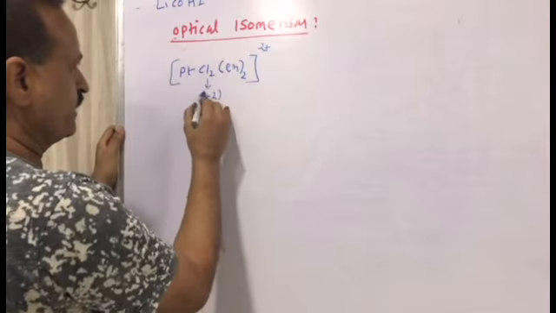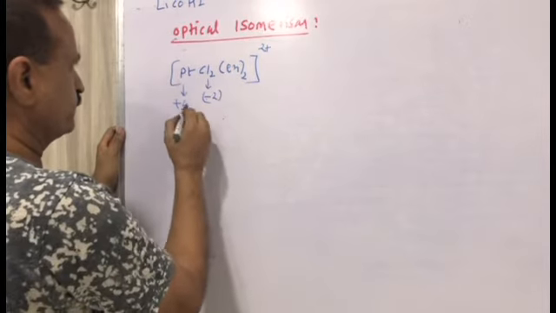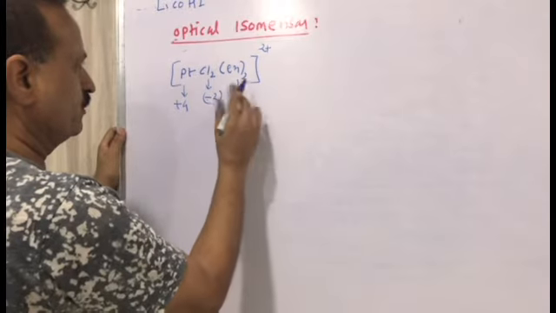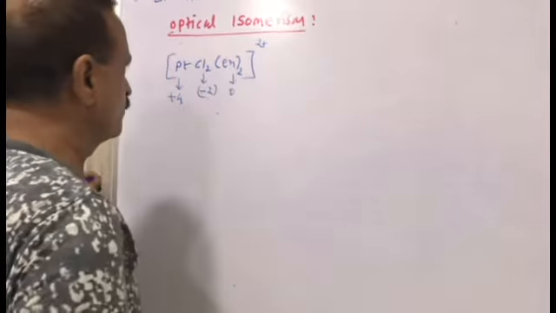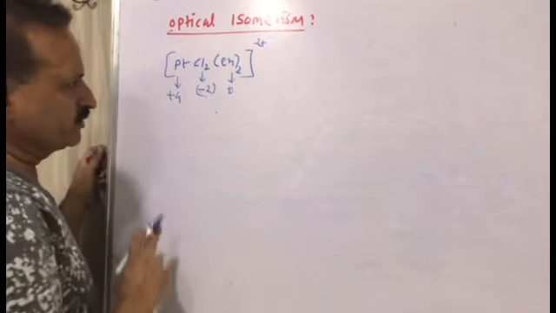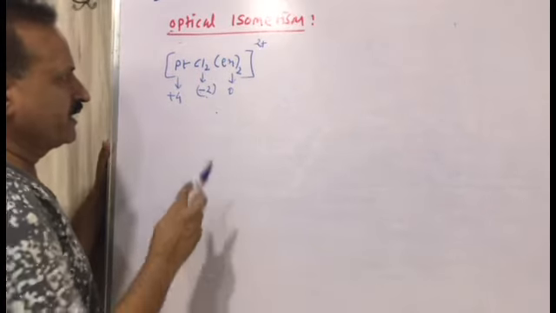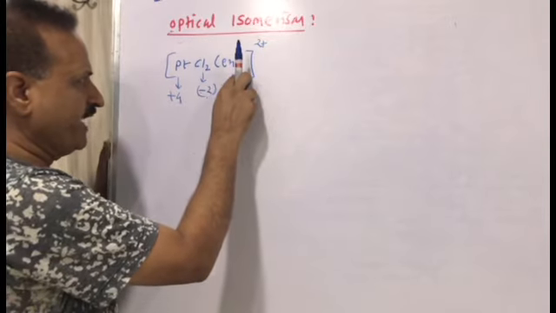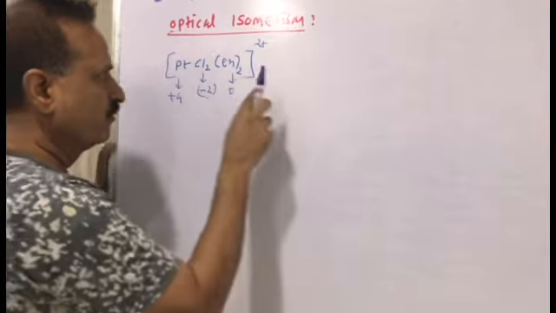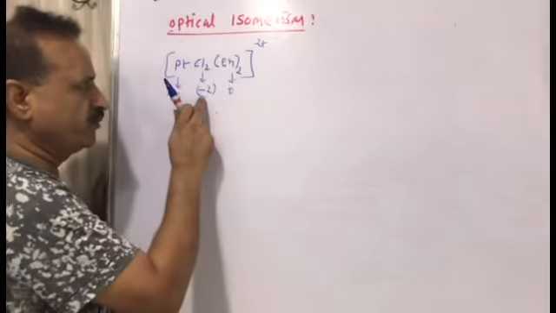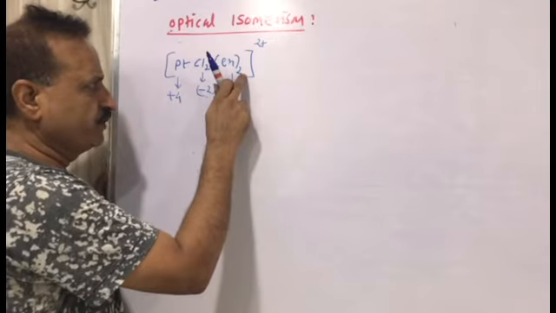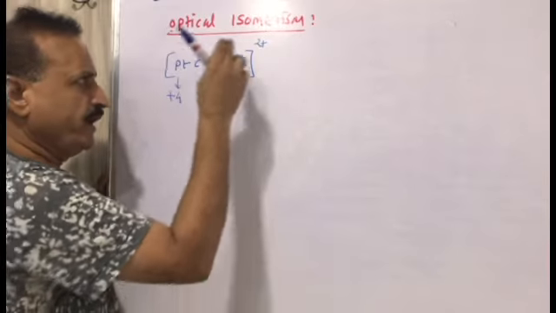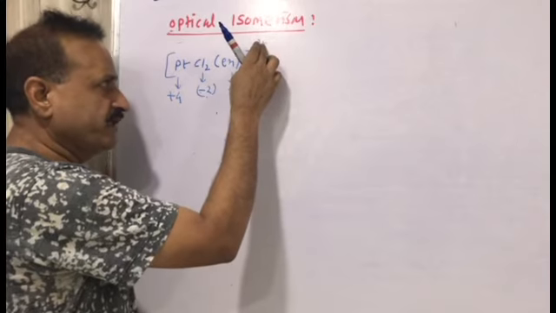Cl2 is 2 minus, platinum is plus 4, en is 0, so the charge will be plus 2. The nomenclature of this one is dichloridobis(ethane-1,2-diamine)platinum(IV), and lastly it is written ion.